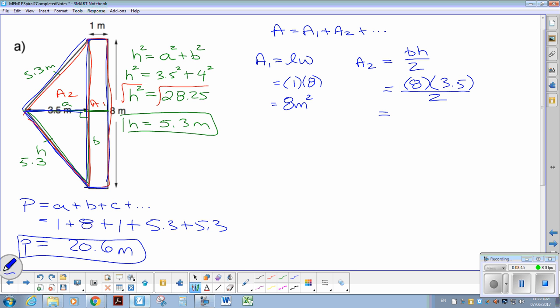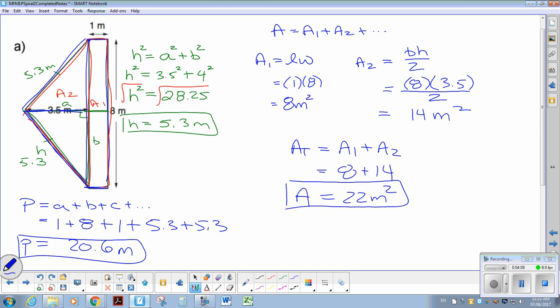So we end up with 14 meters squared. So our area total then is A1 plus A2, 8 plus 14, so 22 meters squared for this shape. All right, so there's our area.